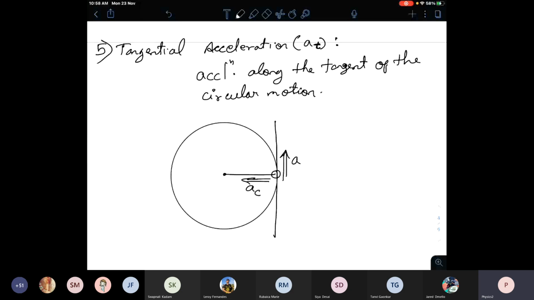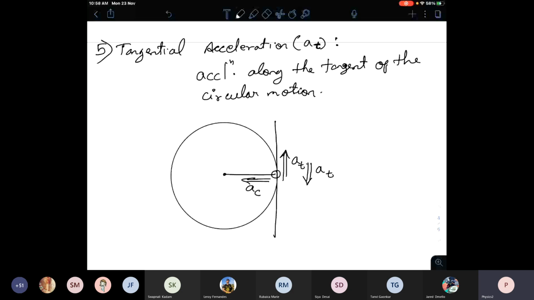It is parallel to the tangent, not the direction. It can be in the upward direction also, it can be in the downward direction also, depending on the question, depending on the situation. So this acceleration, which is along the tangent, is your tangential acceleration.